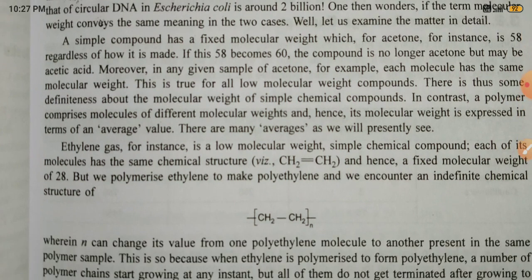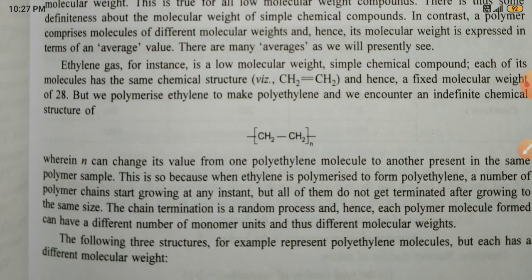Ethylene gas, for instance, is a low molecular weight, simple chemical compound. Each of these molecules has the same chemical structure, CH2=CH2, that is, ethene, and hence a fixed molecular weight of 28.